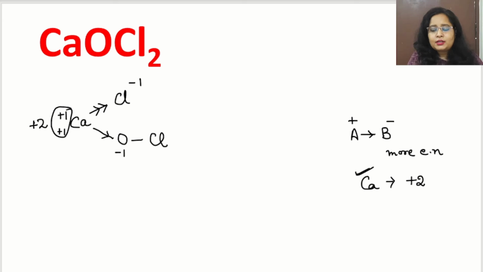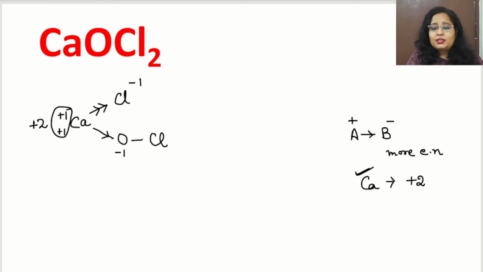Now come to the oxygen and chlorine bond. Oxygen is more electronegative than chlorine. Remember these points. When there is calcium and chlorine, chlorine is more electronegative than calcium. When there is oxygen and calcium, oxygen is more electronegative than calcium. And when we are talking about oxygen and chlorine, chlorine will be electropositive and oxygen will be electronegative.